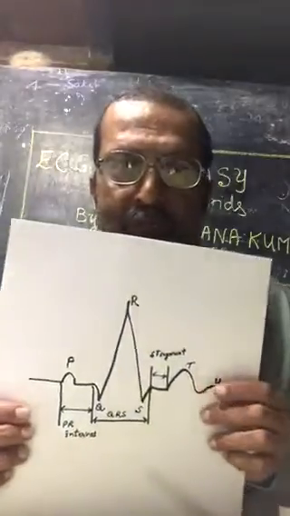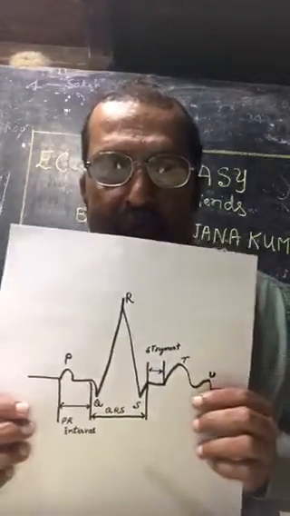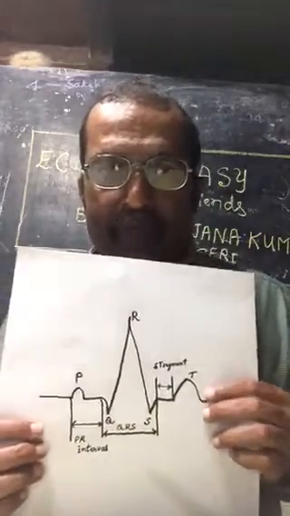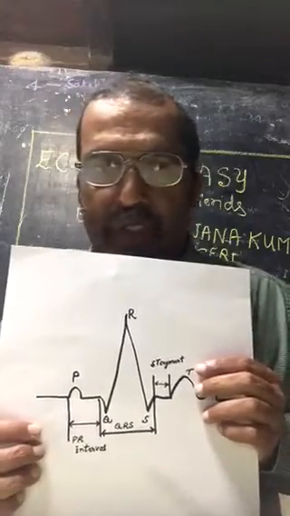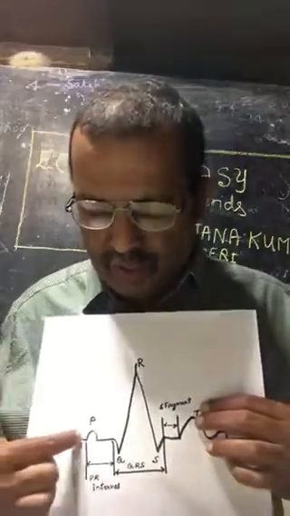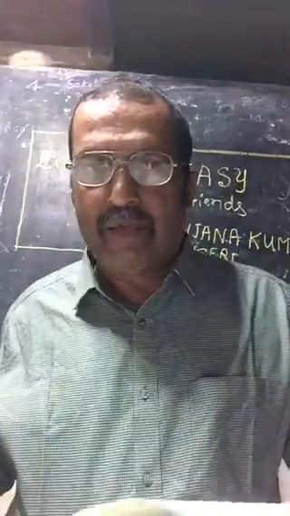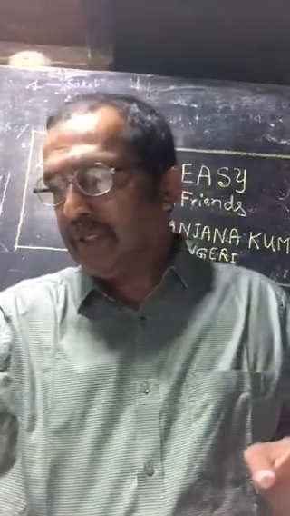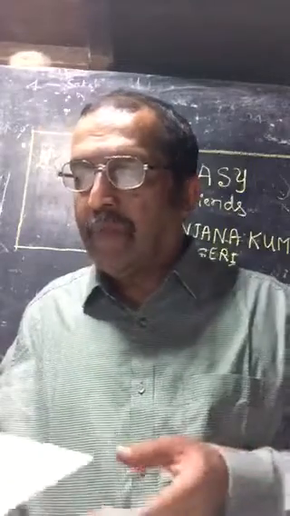Then you see here one ST segment. ST segment is very important for the MI part. If there is ST segment elevation from the isoelectric line, we say that there is MI.